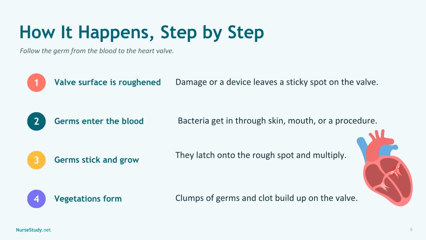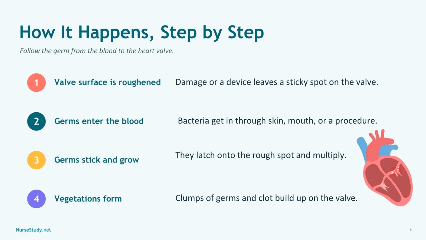How it happens step by step. Let's walk through how this whole thing happens one step at a time. If you understand the story, you'll never have to memorize it. Step 1, the valve surface gets roughened, maybe from damage or a device. Either way, it leaves a sticky spot. Step 2, germs enter the blood.